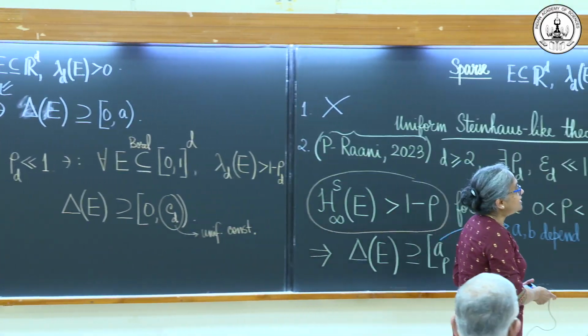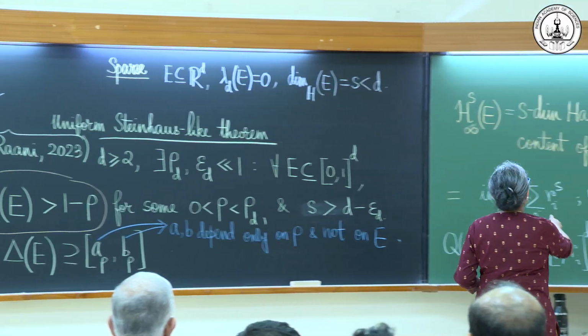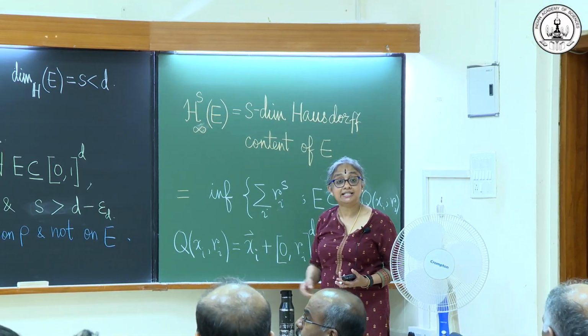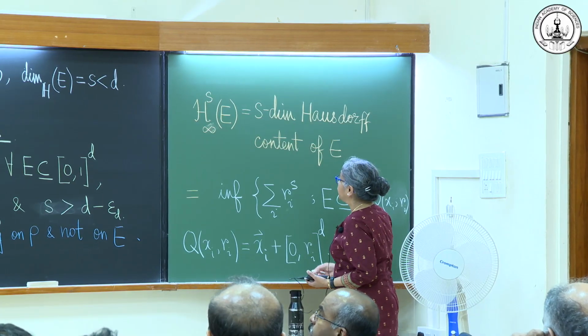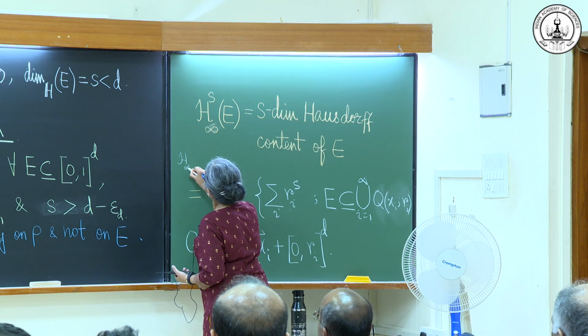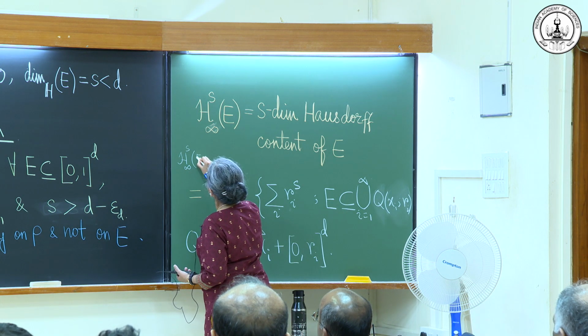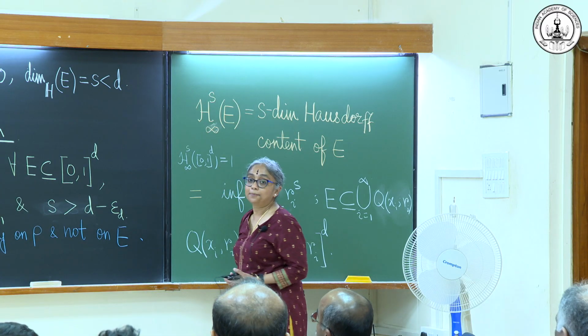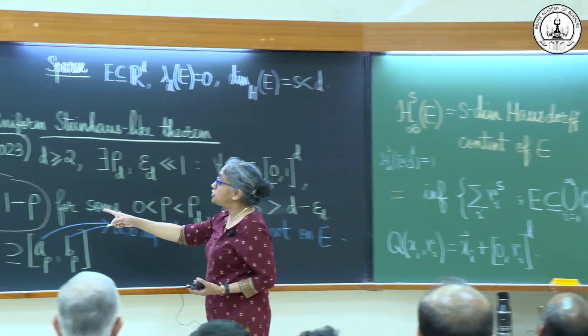And you should check that if you take any smaller r_i, the sum will exceed 1 because s is smaller than d. Okay? So the Hausdorff content of the unit cube is 1.